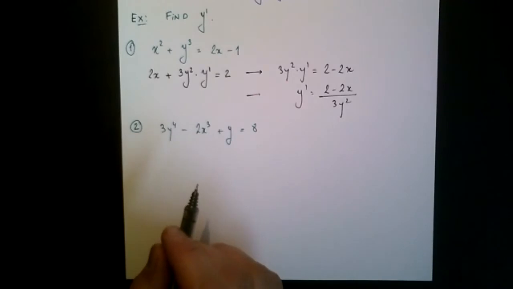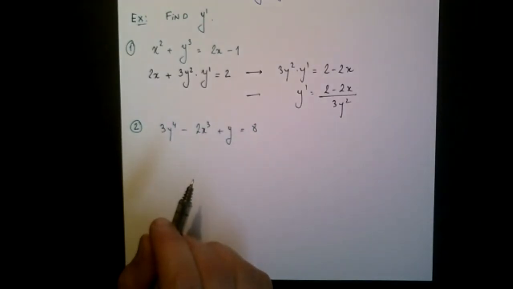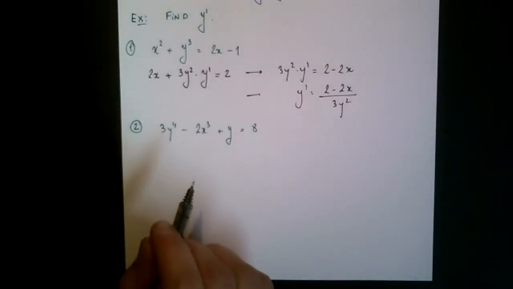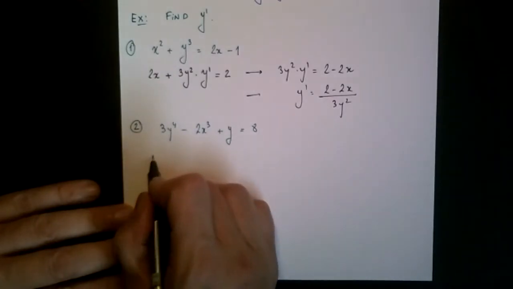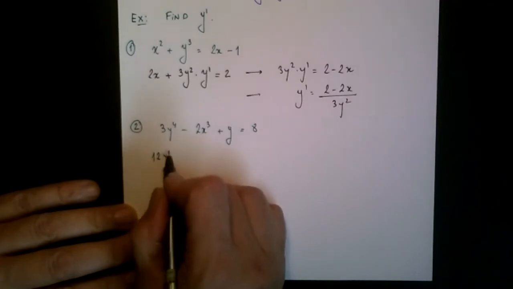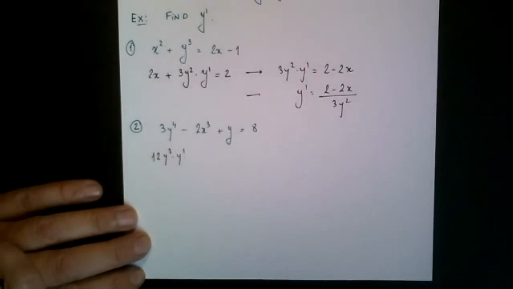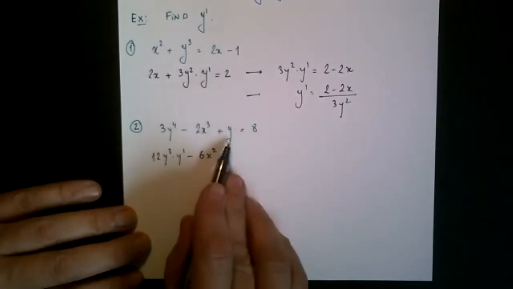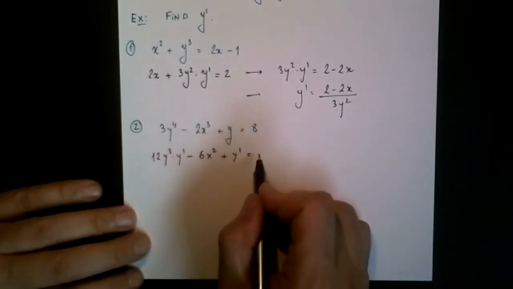The first thing I'm going to do is find the derivative on both sides. The derivative of this is 12y³ times y prime, minus 6x² plus the derivative of y, which is just y prime, equals 0.